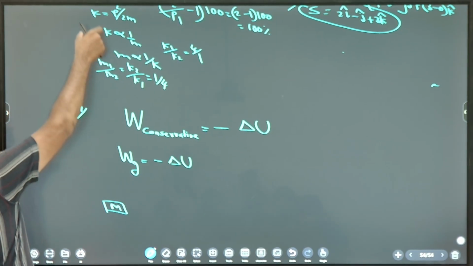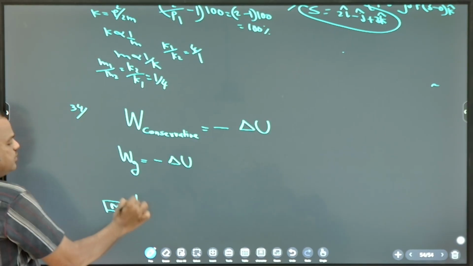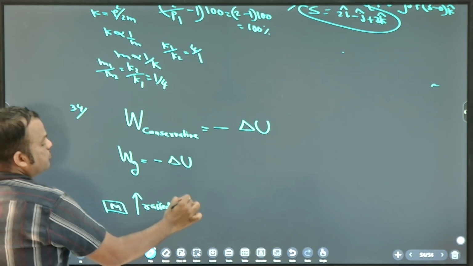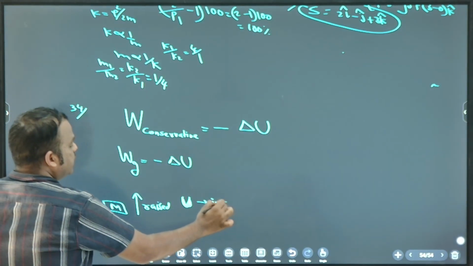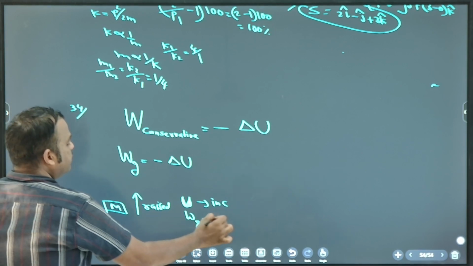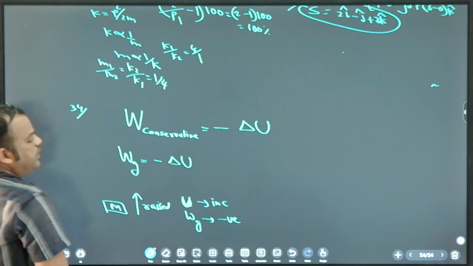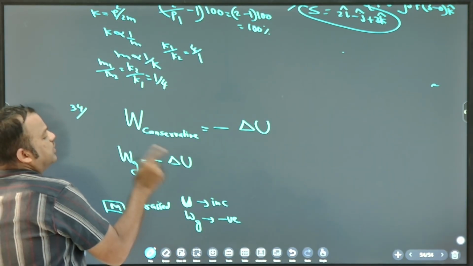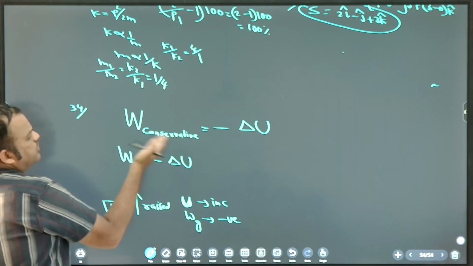But is potential energy increasing or decreasing? Potential energy is increasing. So when the block is raised, potential energy increases, but work done by gravity is negative. So work done by gravity is minus of delta U. And gravity means conservative work done.